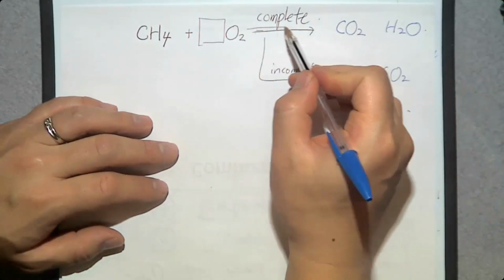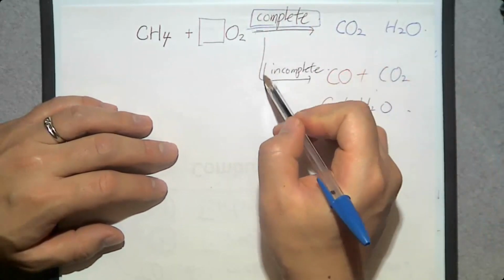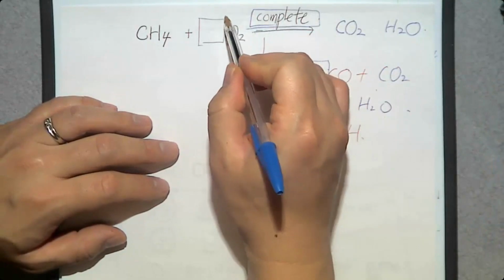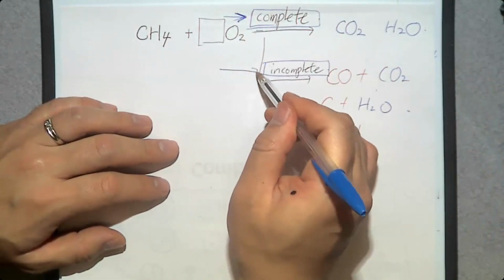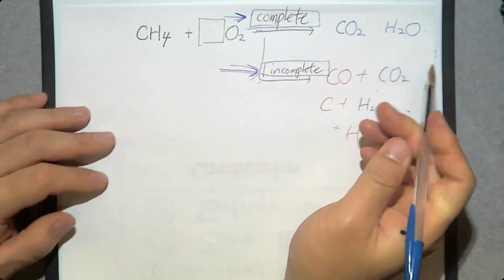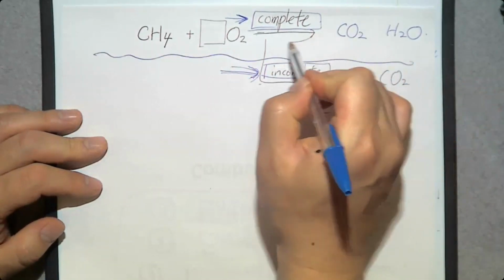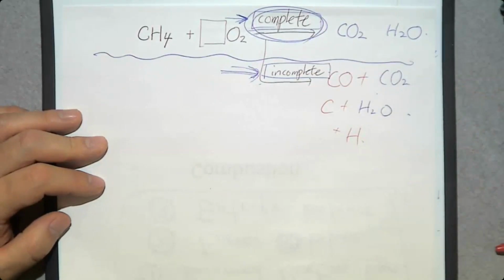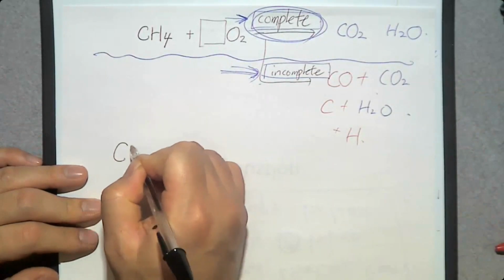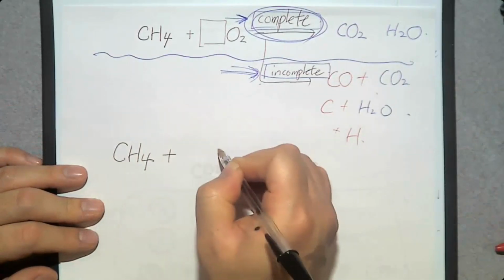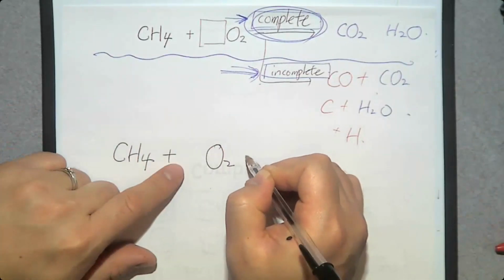So when you want to determine a balanced reaction equation, you need to determine, are we going to write a complete balanced reaction equation or incomplete balanced reaction equation, okay? So let's say that we want to determine this complete balanced reaction equation, then how can we do that? It's pretty simple. CH4 is going to react with oxygen, but I don't know how many.